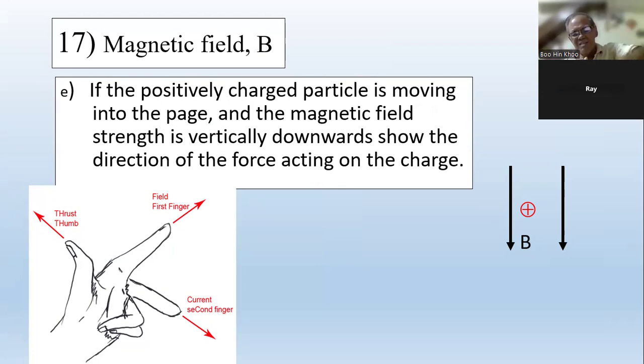The field is going downwards, and the positive charge is moving in, so the force is either left or right only. Downwards is taken by the field, inwards is taken by the motion of the charge.